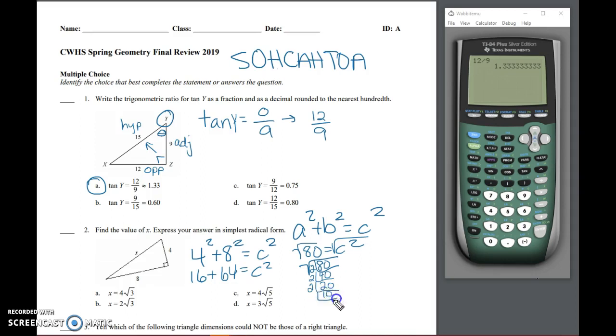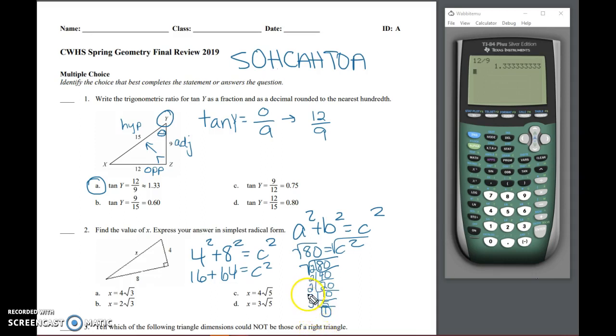I get 10, then 5. Now I can't divide by 2 anymore, so I go to my next prime number, 3. 3 doesn't go into 5, so I move on to 5, and 5 goes into 5 one time. When I get down to 1, I know I'm done, and these are all my factors of 80. So I have 2 times 2 times 2 times 2 times 5.